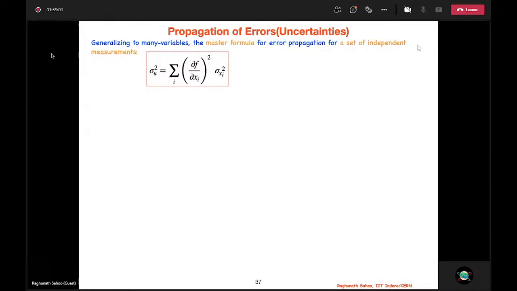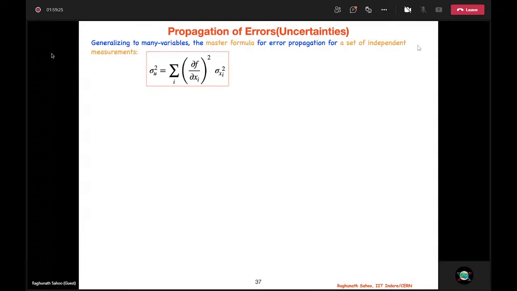Just remember that a sum is there. Individual error squared will be there because this is a quadratic sum at the end, and this will be multiplied with how the function changes with respect to a tiny change in that variable xi. So your (del f by del xi) squared sigma of xi, all squared.